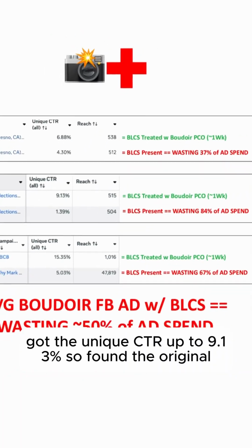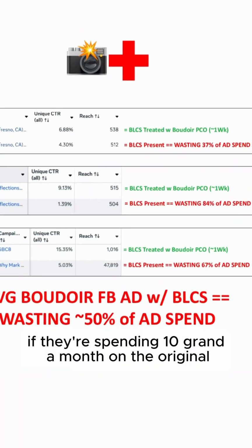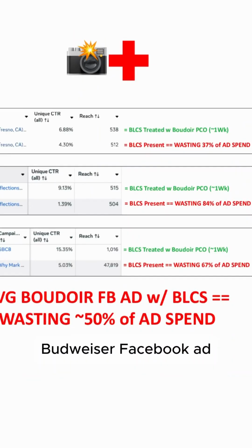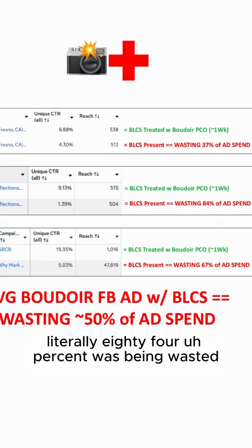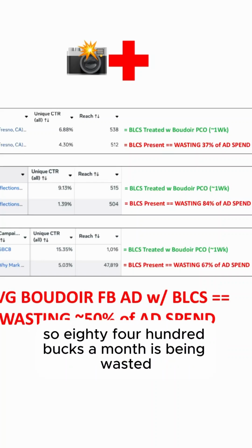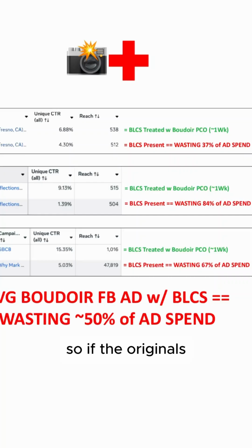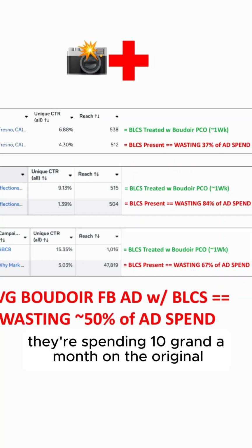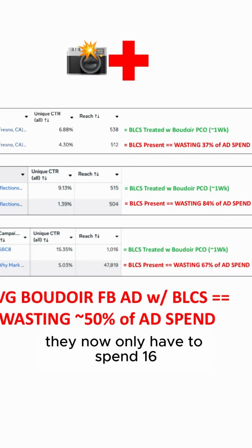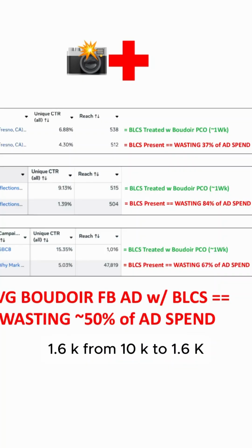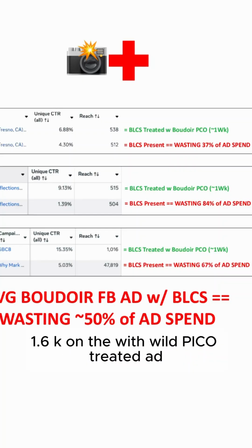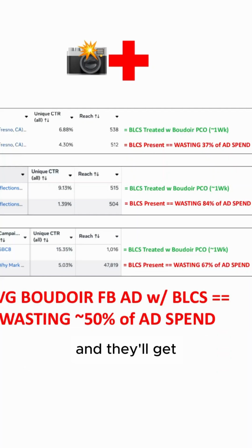So found the original, if they're spending 10 grand a month on the original Boudoir Facebook ad, it was wasting 84%. Literally 84% was being wasted. So 8,400 bucks a month is being wasted. So if they're spending 10 grand a month on the original, they now only have to spend 1.6K, from 10K to 1.6K, on the Boudoir Pico treated ad, and they'll get that into the same number of women's brains in both scenarios.